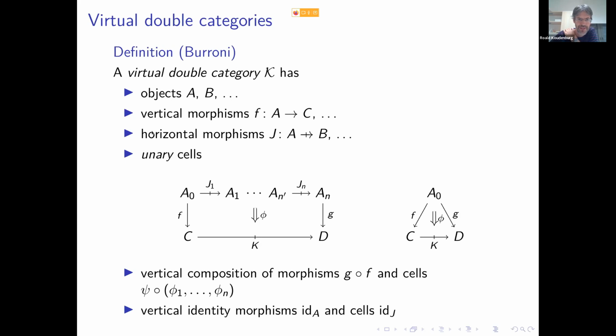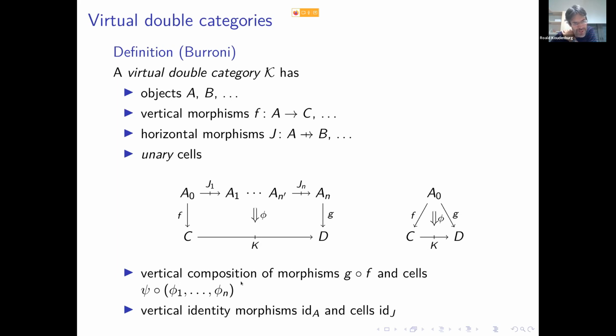They have objects, vertical morphisms, horizontal morphisms, and then double cells whose horizontal source is a path of horizontal morphisms and whose horizontal target is a single horizontal morphism. So that's why I call them unary, because the target is a single horizontal morphism. And vertically, it has just two vertical morphisms. Now this horizontal source can be empty, and then you get a triangular cell like this on the right.